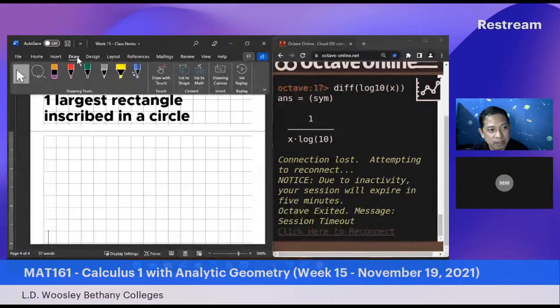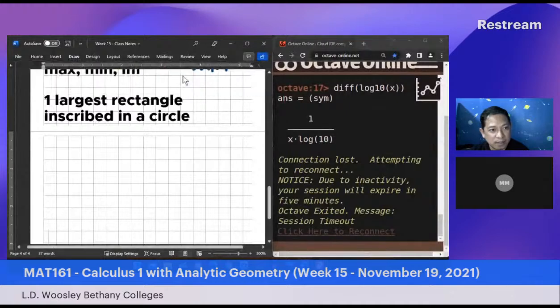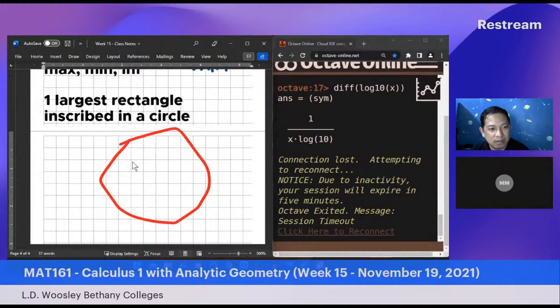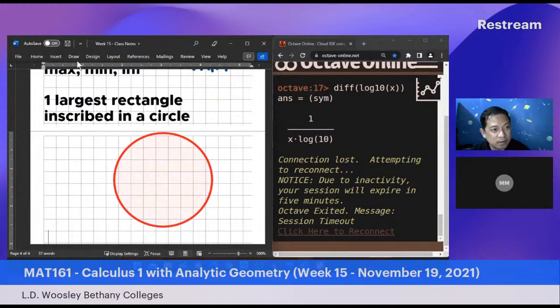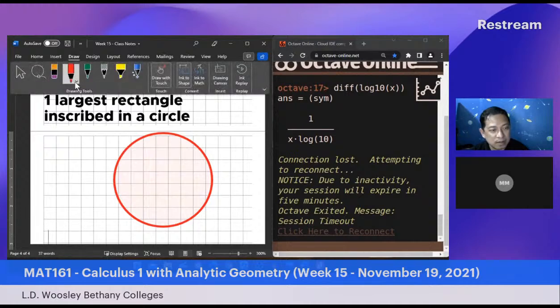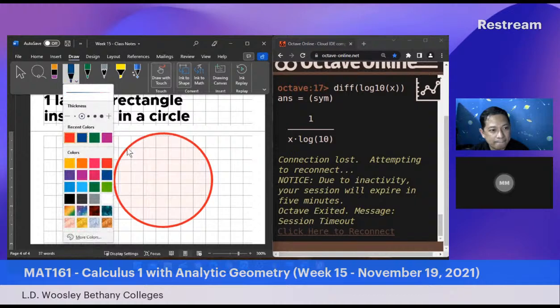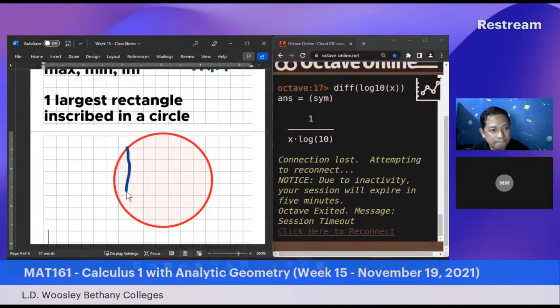So, if I draw this and ink to shape, so that our circle looks nice. Ganda, no? And then we have another one. I don't know if this will ink to shape. Wow, galing.